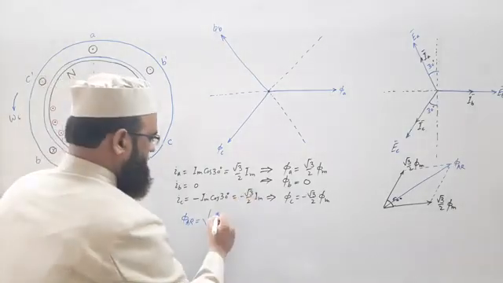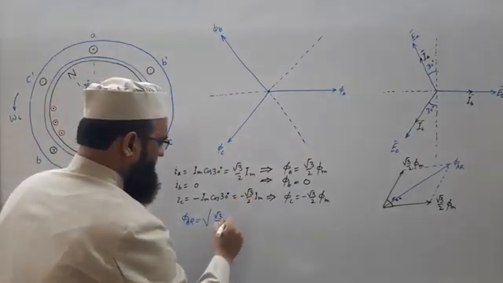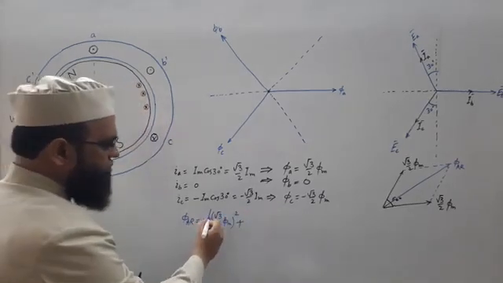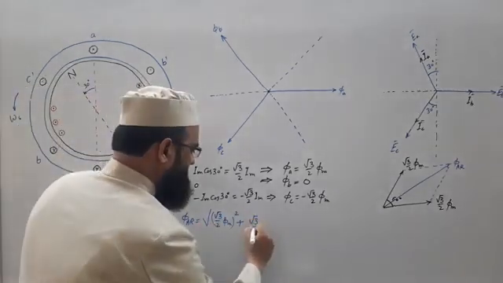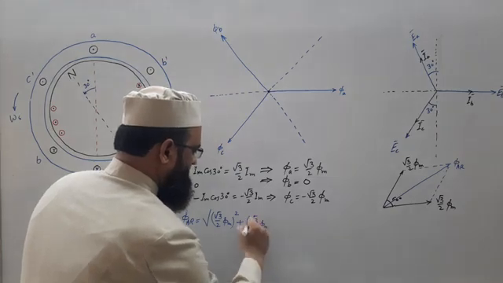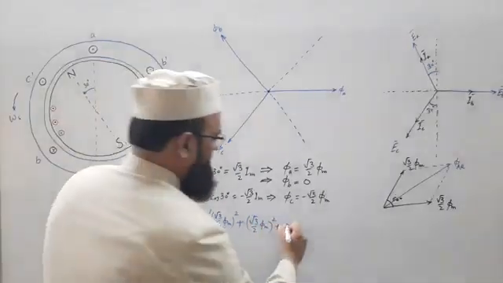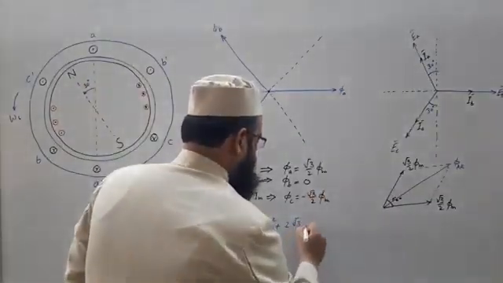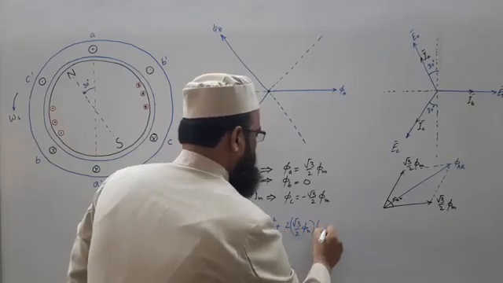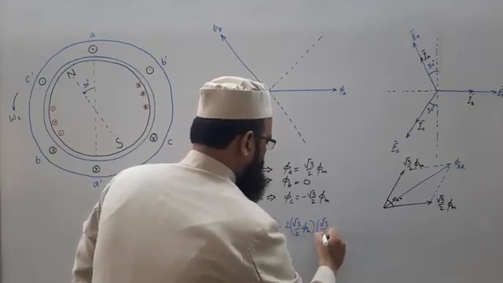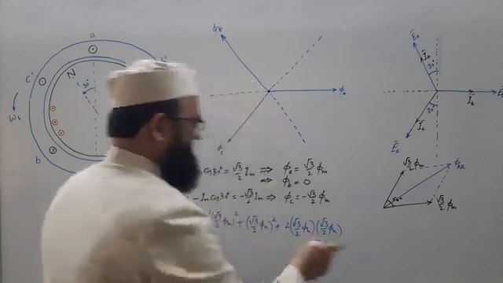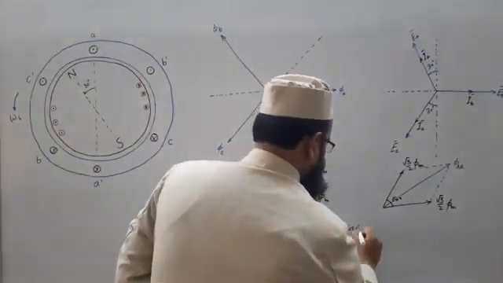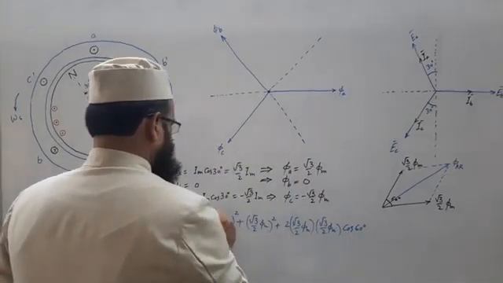So, A is root 3 by 2 phi m square, plus B square, plus twice of AB root 3 by 2 phi m. This is A. Again B is same. Sometimes it might be different. Just take care. That's why I am not writing a square directly. Cosine of angle between them, 60 degree.